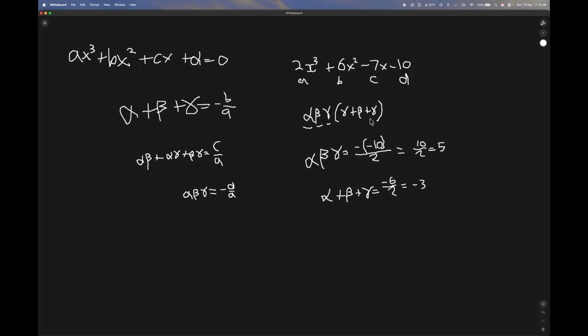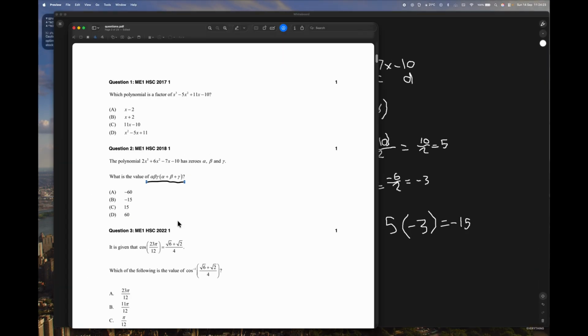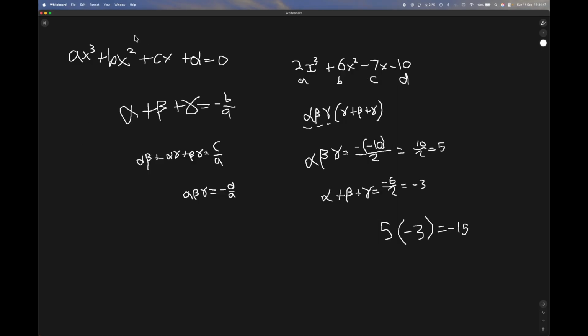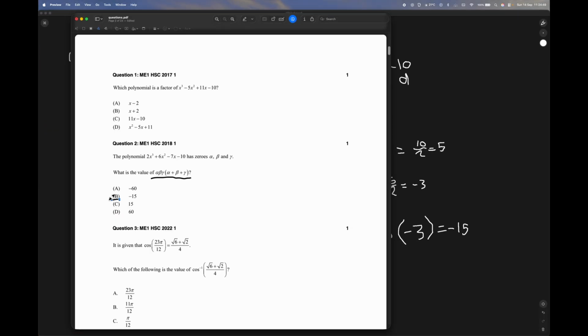Okay, so now we have 5 outside of negative 3, which is equal to negative 15. There we go, answer B. Easy peasy.